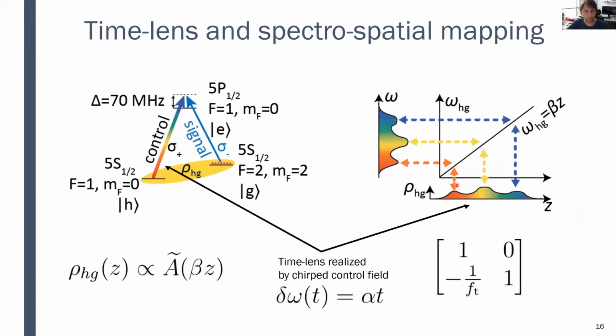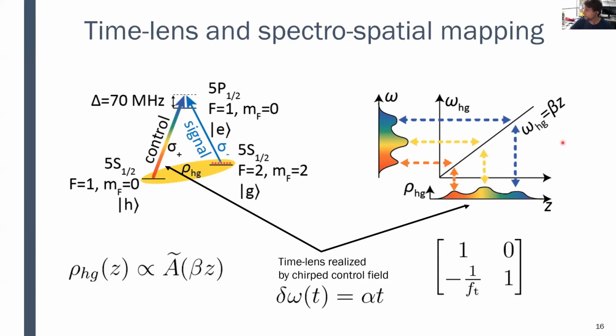So the lens is realized very easily by actually modulating the control field in frequency. So we make a chirp in the control field, which translates via atoms into the signal, which effectively makes both the input and the output temporal lens.